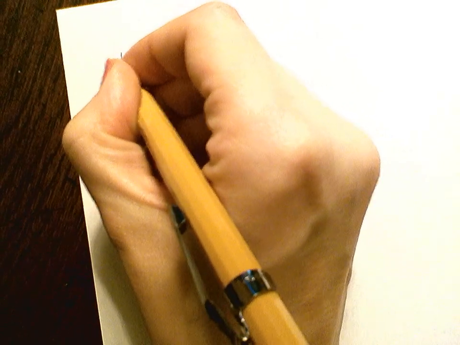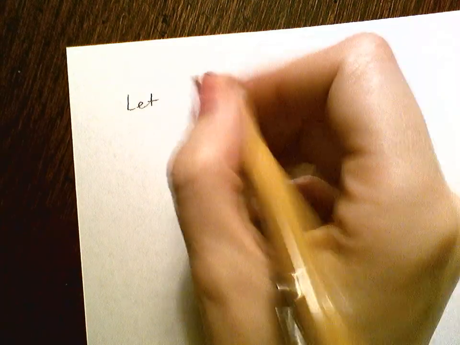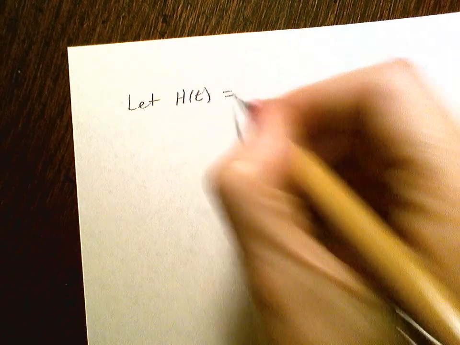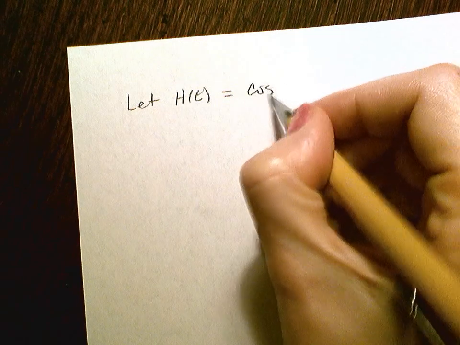All right, total cost. So we've got to figure this out. Now I already used C, so let me say this, I guess I'll use H. Let H of t equal cost.